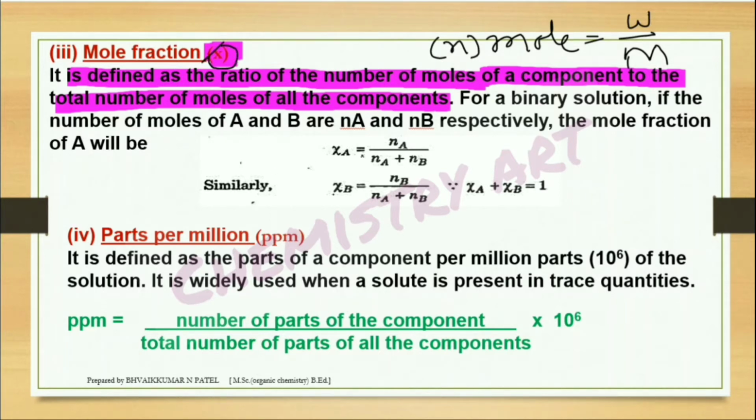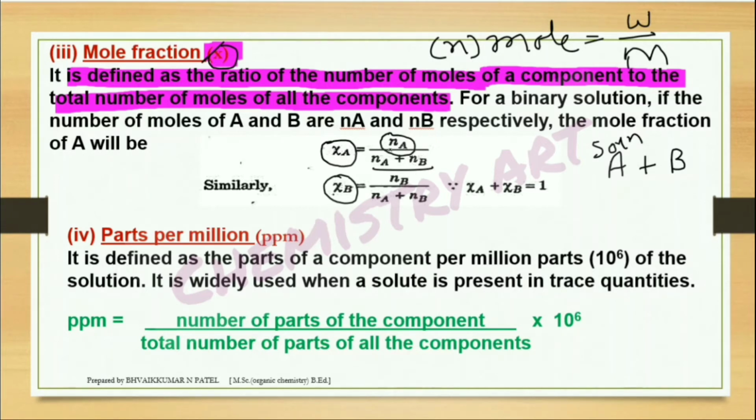So here the formula is there. For example, xa and xb. For example, we are having a solution of a plus b, a solution of a and b. If you want to find the mole fraction of a, it will be written as xa, and the mole fraction of b will be written as xb. Of whichever component you want to find, you have to take the mole of that component, divided by the total mole, Na plus Nb.